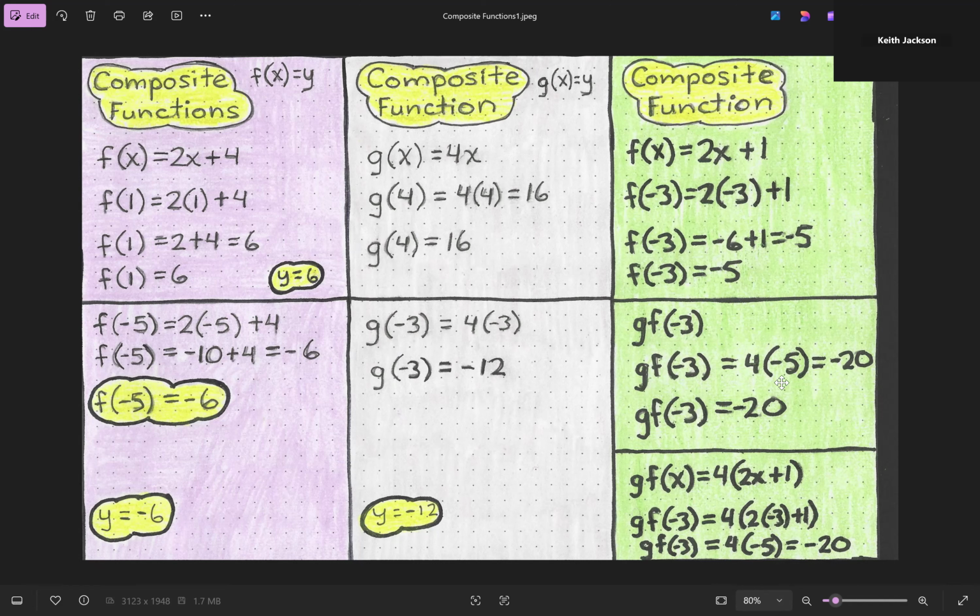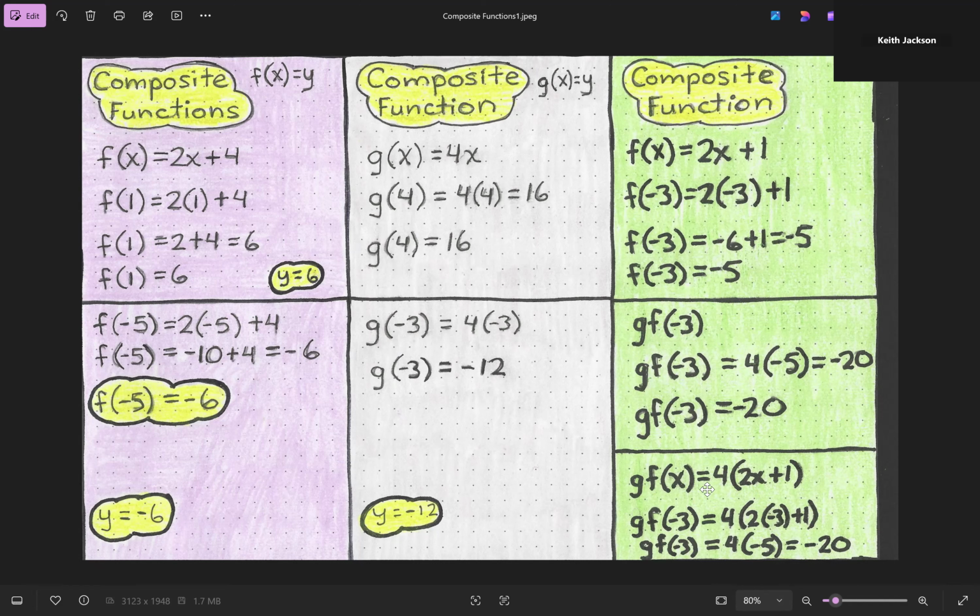Now, your teacher may have you do this, right? Your teacher may have you substitute this whole value right here for this x. And so we're going to prove that -20 is correct. So we have g of function of x is equal to 4 times x, and we're going to plug this entire value in for this x, 4 times 2x plus 1.